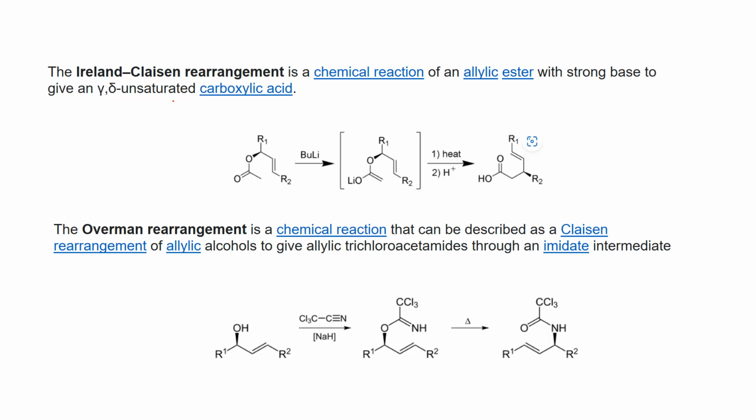There is just a difference in the nature of the substrate. So by looking at the nature of the substrate you can check whether it is an Ireland-Claisen rearrangement or not. It is applicable for an allylic ester with a strong base to give us a gamma,delta-unsaturated carboxylic ester.